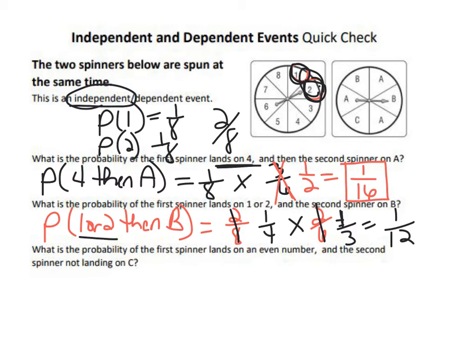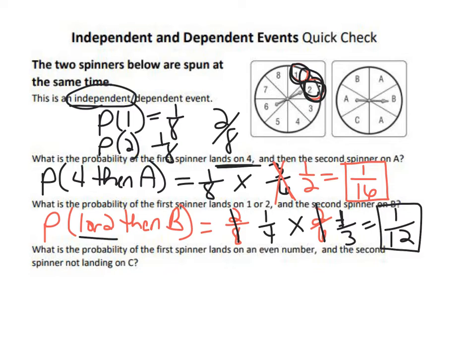And that means the probability of getting 1 or 2, then B is going to be 1 out of 12. So now if you look at it, the chances of getting that is a little bit better than the first one, right? And the reason is because now the first spinner has 2 numbers it could land on. So the more you add into the spinner, your probability is even a better chance. Okay, let's look at the last one.